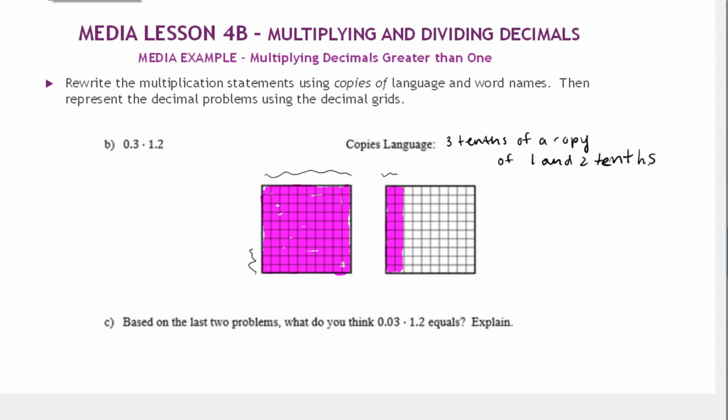So now I'm going to get the light blue highlighter. I'll start here. 3/10. And I also need to do this in this grid. And 3/10. And the region that's shaded dark blue is going to be our 3/10 of the 1.2.